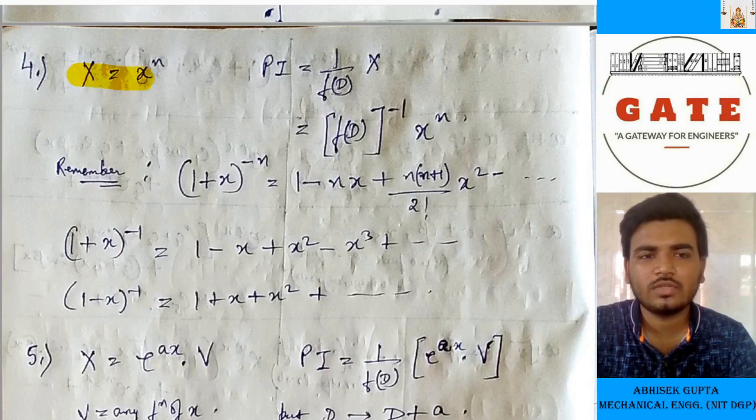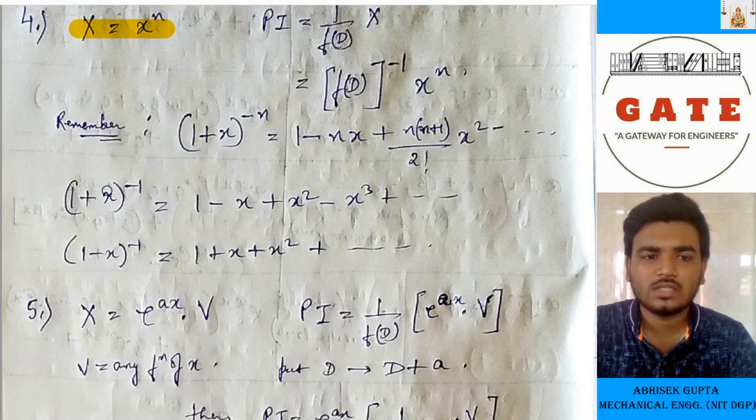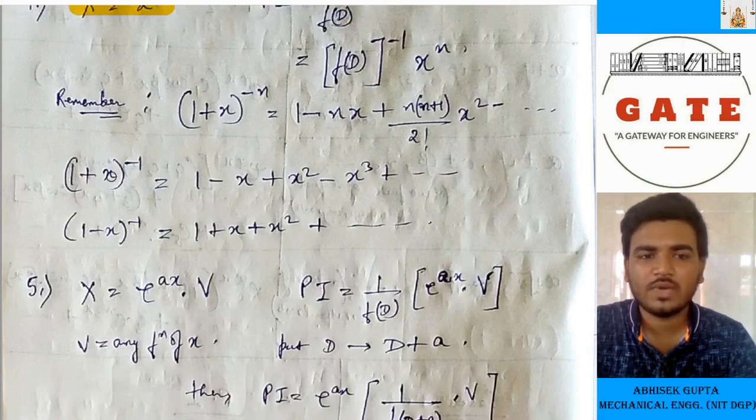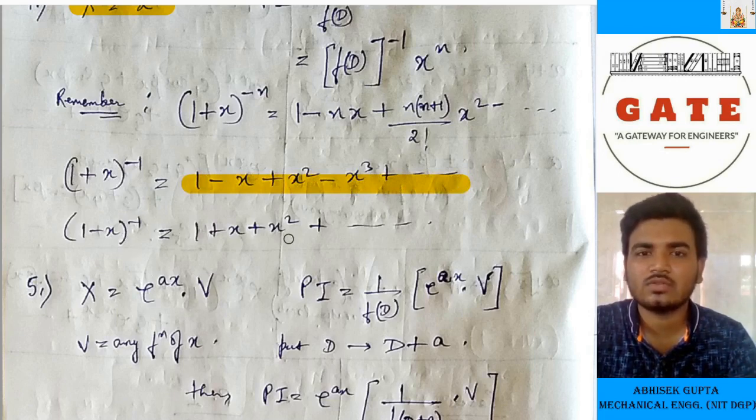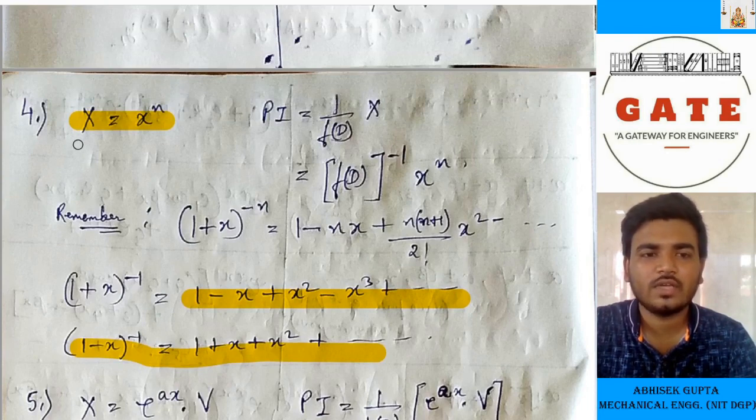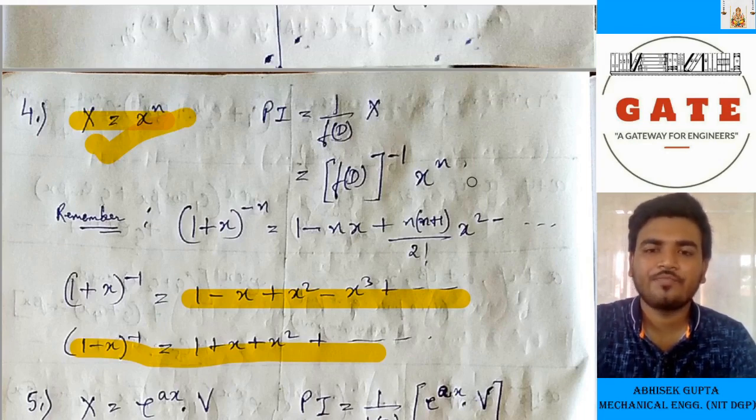Now if X equals x^n, then PI is 1 by f(D) x^n, or f(D)^(−1) x^n. Remember this is the expansion: (1 + x)^(−1) is 1 − x + x² − x³ + ..., and (1 − x)^(−1), replacing x by −x, will turn out to be 1 + x + x² + .... So remember these two formulas while solving this type of case, as any form of f(D)^(−1) x^n, you have to expand and then solve.